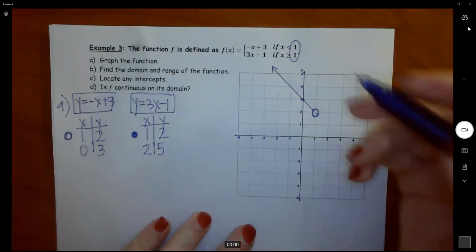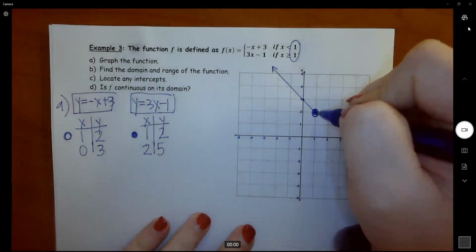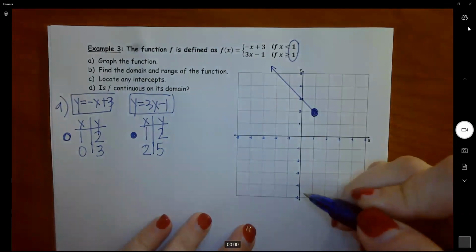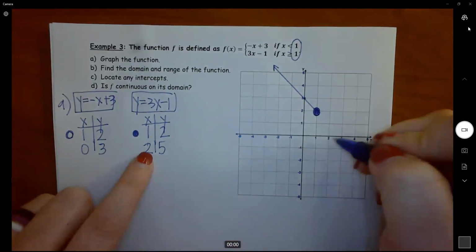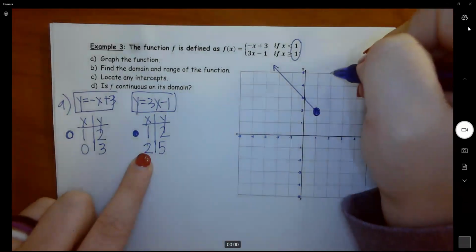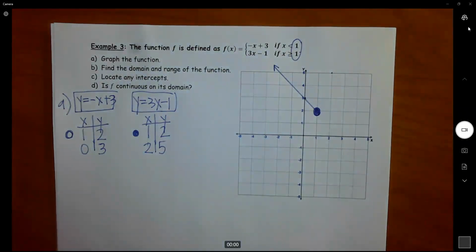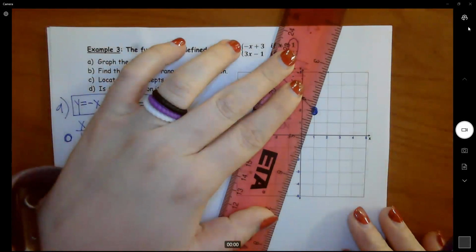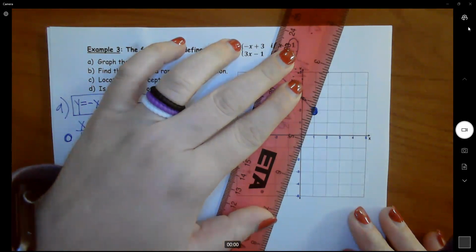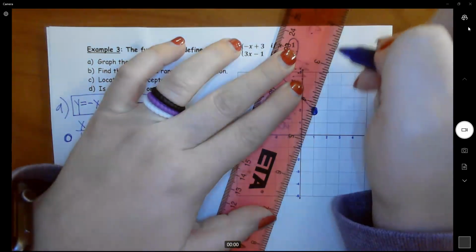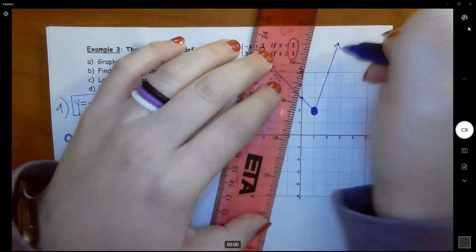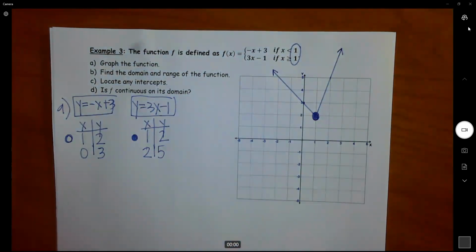Well, we already have that point, and now it is closed. And then 2, 5. So this one is my piecewise function.